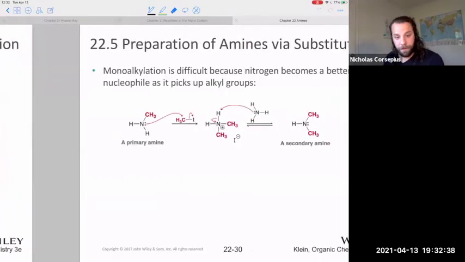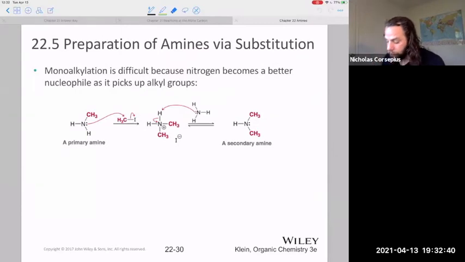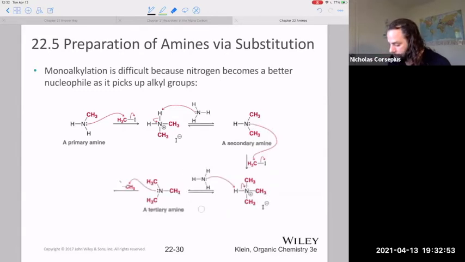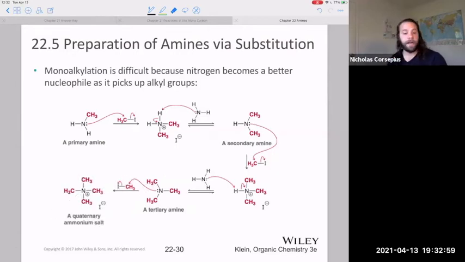From there, your primary amine is going to react with yet another alkyl halide, and you're going to have the same process producing a secondary amine, and then that's just going to repeat itself, and you're going to have a tertiary amine that's produced. And that's going to go even one more step further until you get this quaternary ammonium salt. Okay.